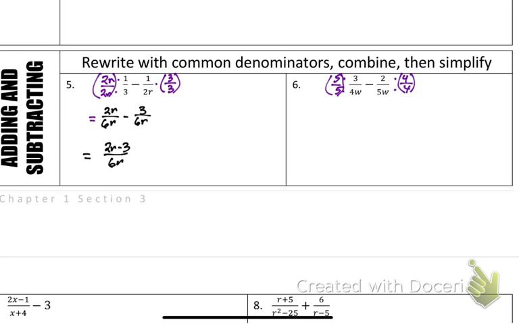That will create my common denominator without creating unnecessary variables or numbers. So we are now going to have 15 over 20w minus 8 over 20w, which is going to be 15 minus 8, which is going to be 7 over 20w.